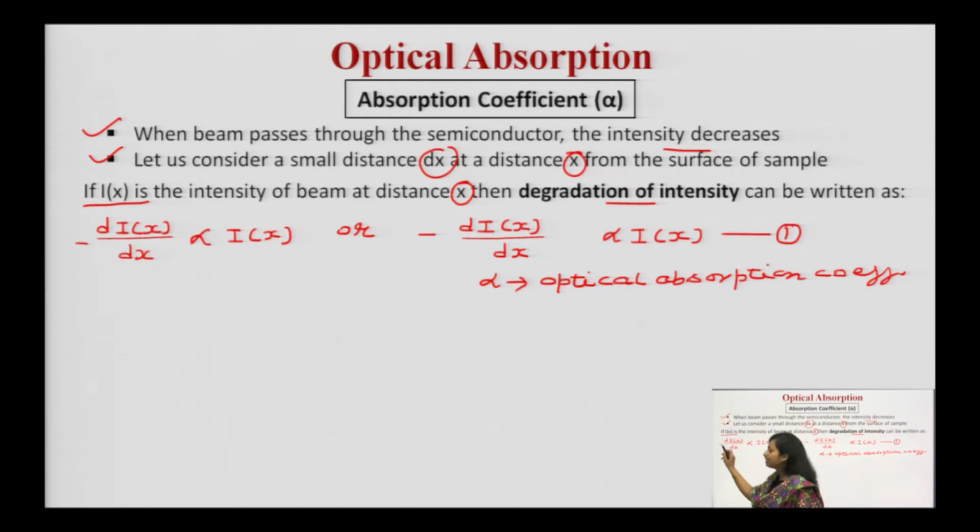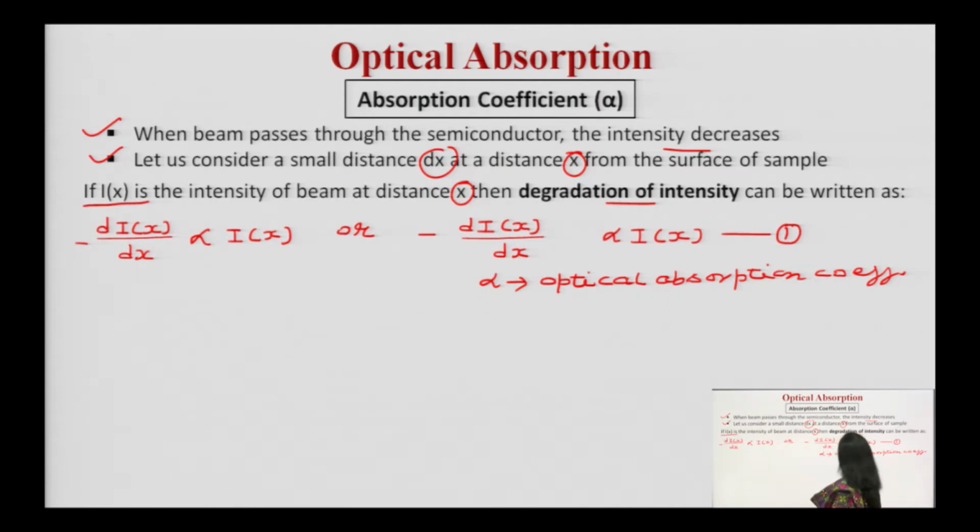The minus sign is taken here because there is degradation, a decrease in the intensity: d upon dx of Ix. Ix is the intensity which you are calculating along the x-axis, and minus denotes the degradation. This is proportional to the intensity Ix. At the same time, you have to introduce a proportionality constant.